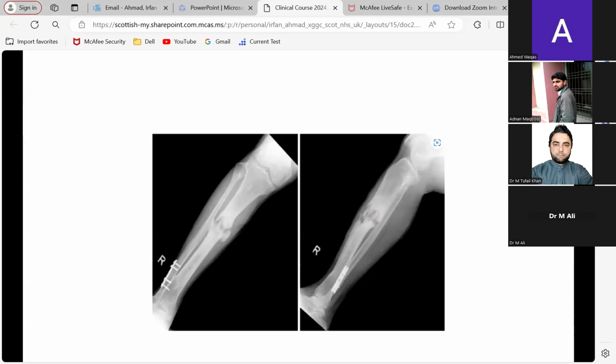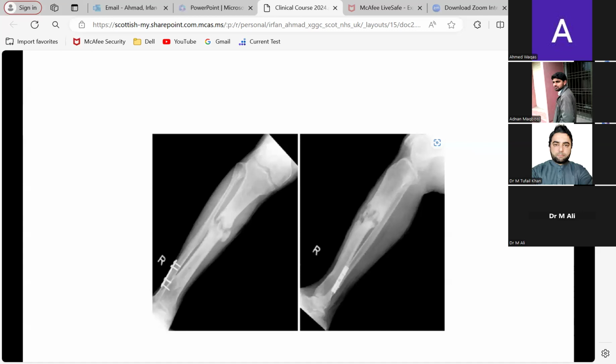This is the X-ray of the tibia and the fibula in a skeletally mature patient in an AP view and the lateral view, where I can appreciate the gap over the proximal third to middle third junction of the tibia with sclerotic margins, and I cannot appreciate the corticomedullary differentiation proximally and distally to the fracture site.